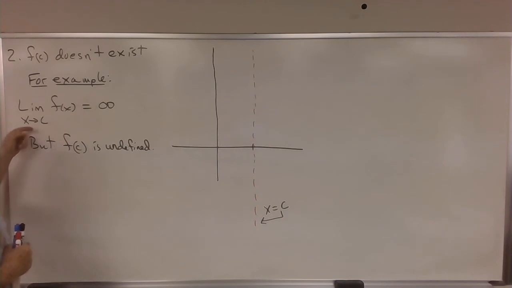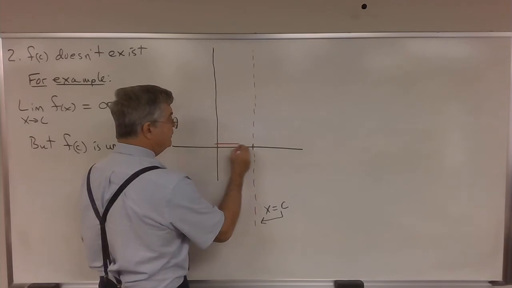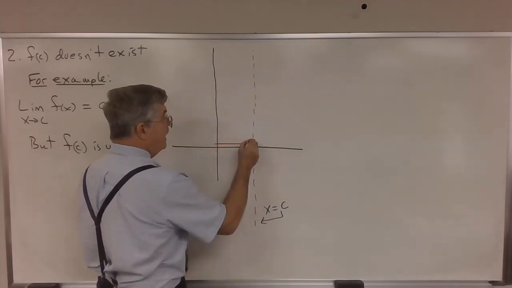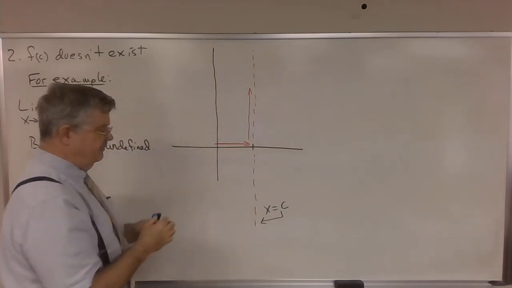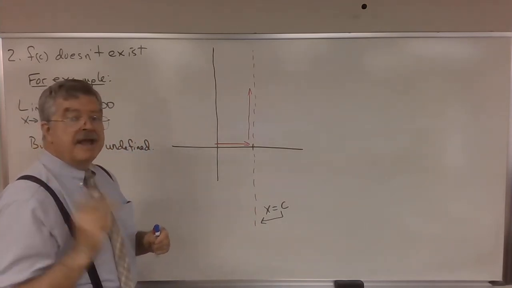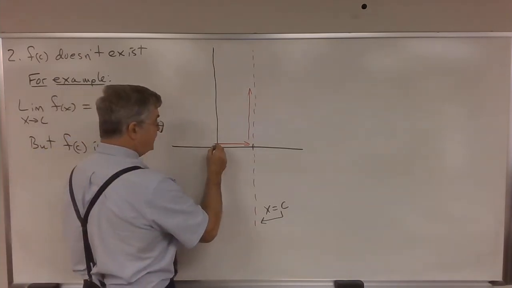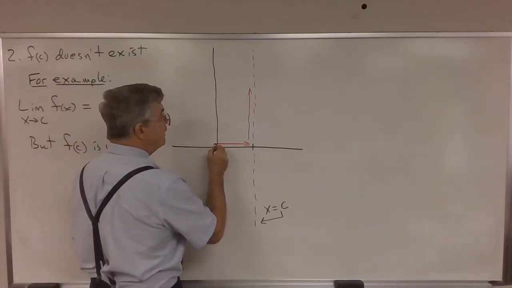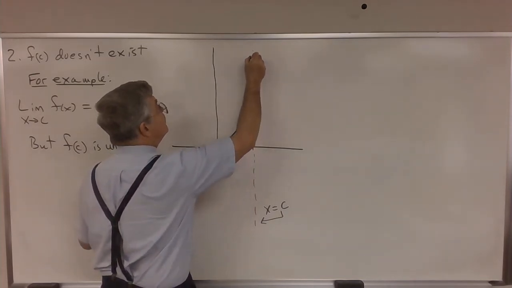And this says as x approaches c from either direction, f of x, the y value, is going to go to infinity. So here's x approaching c from the left. And as it does, f of x, the y value, goes to positive infinity. The net effect of both of these things happening simultaneously is that the graph goes from left to right, and it goes up like that.